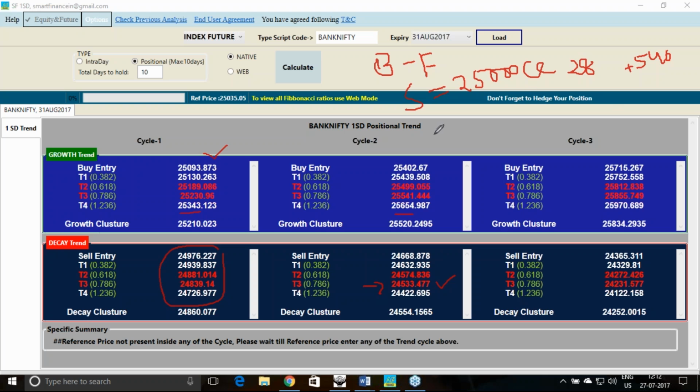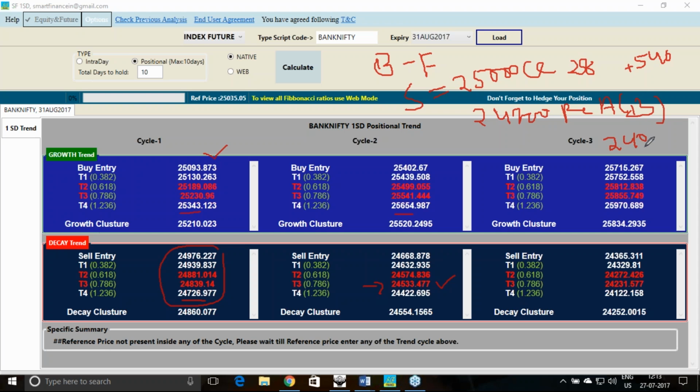I will also be adding one put option. I have chosen the 24,700 put option because this is the level where my trend changes, 800 below, my trend is changing. So I will be taking one 24,700 put option of August monthly expiry. This I will be buying, preferably at 240 rupees.